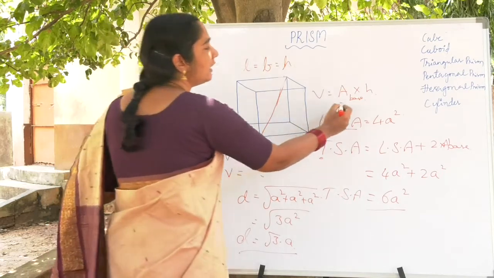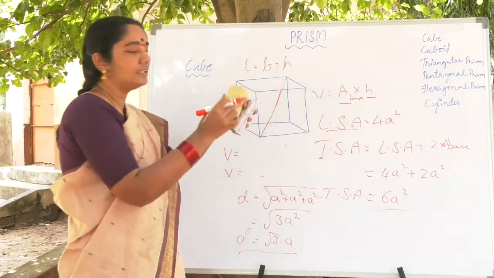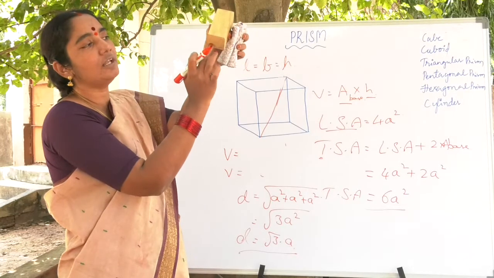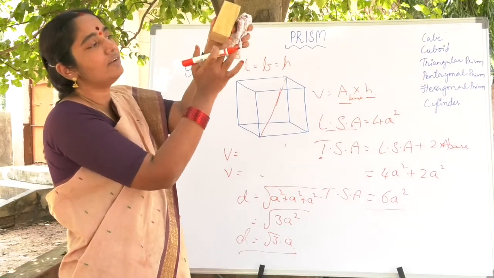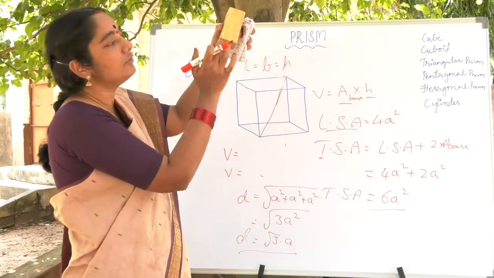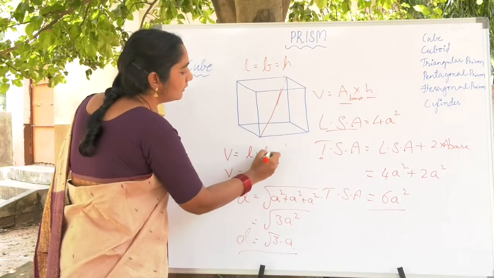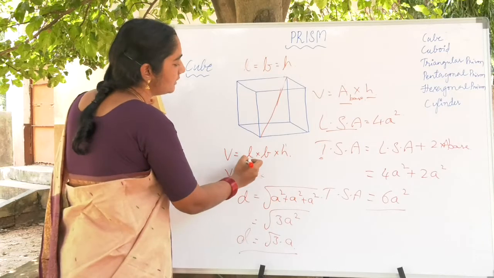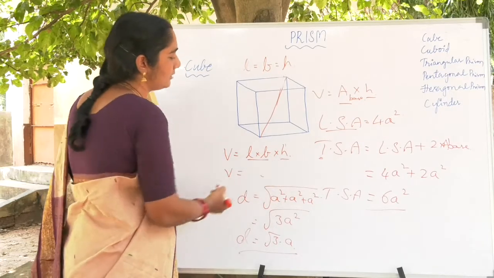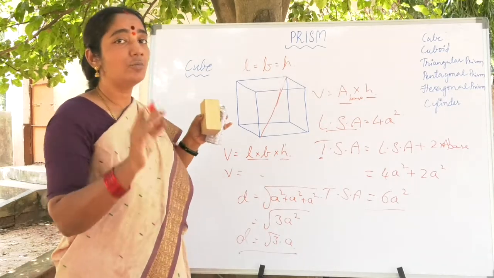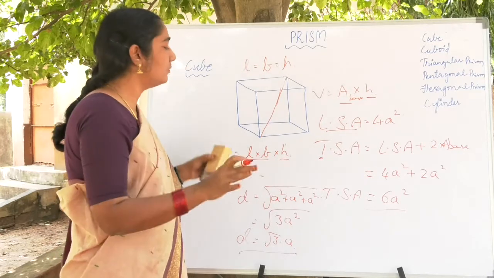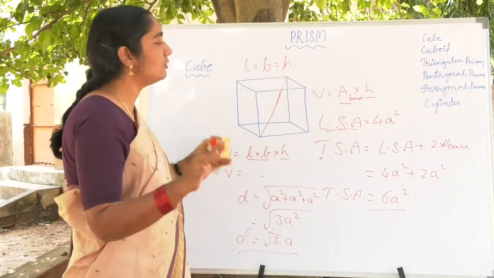Volume is nothing but area of the base into height. If you take this as the base, this is the area of the base. If you take the dimensions, area of the base is L into B, into H. Whether it is cuboid or any structure, the values are all fixed.